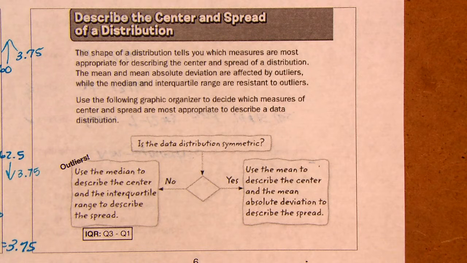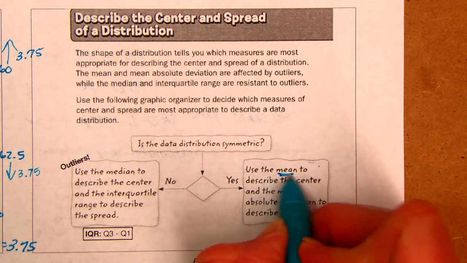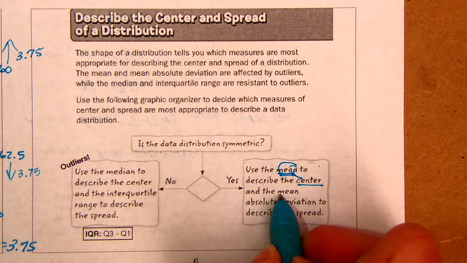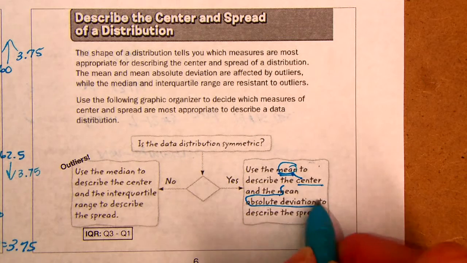Okay, so is the data distribution symmetric? It all depends on that. If it is, we use the mean to describe the center, and we use the mean absolute deviation to describe the spread. So if we remember how to calculate that, right?